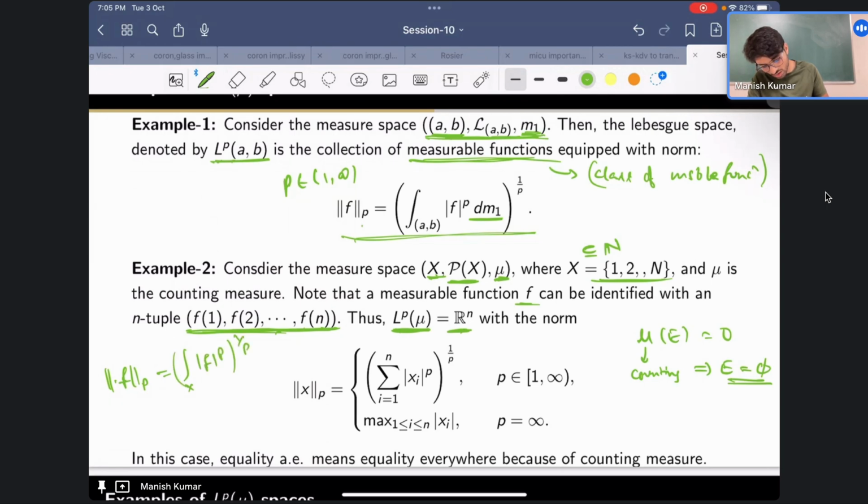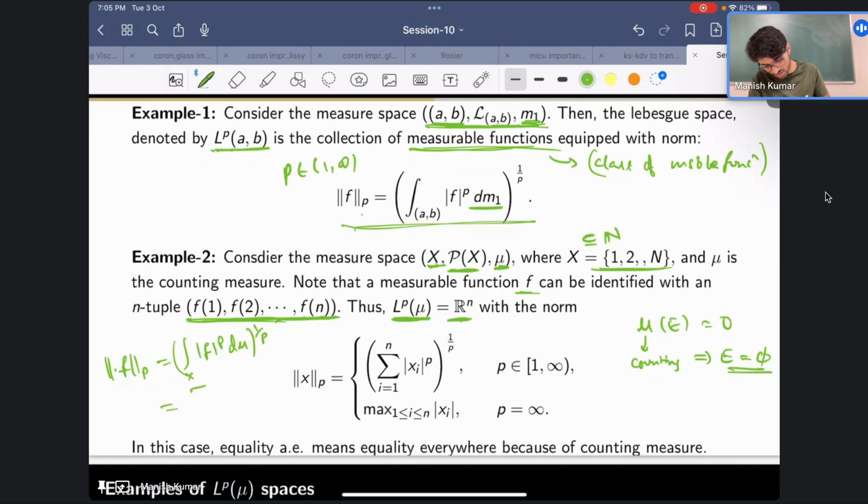Now when we are in counting measure, this integration is nothing but summation. This is what we have seen: when we integrate with respect to counting measure, it is a summation.